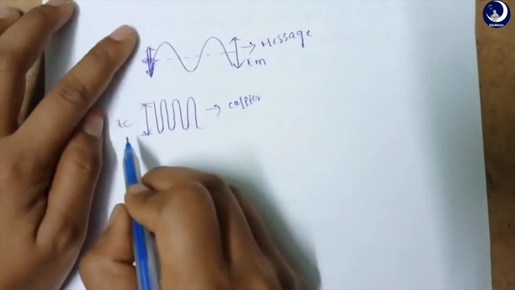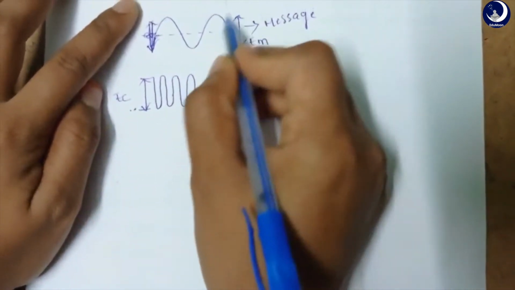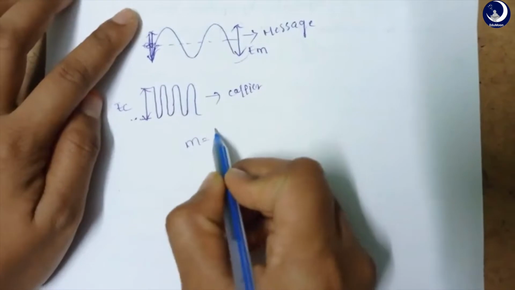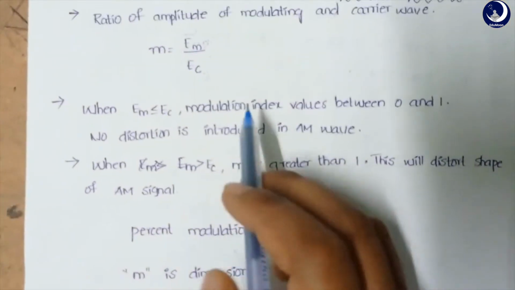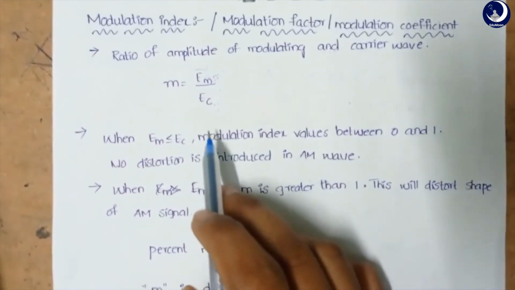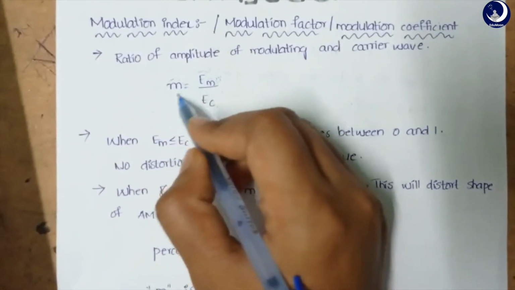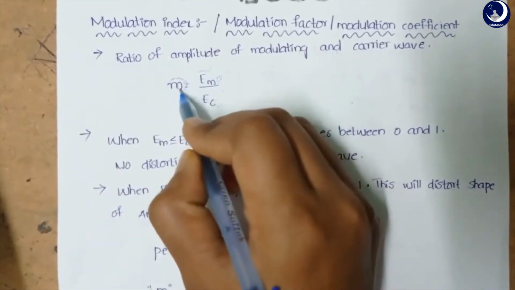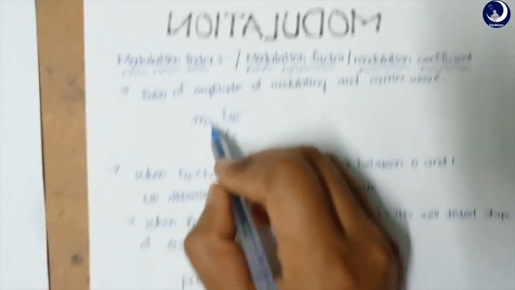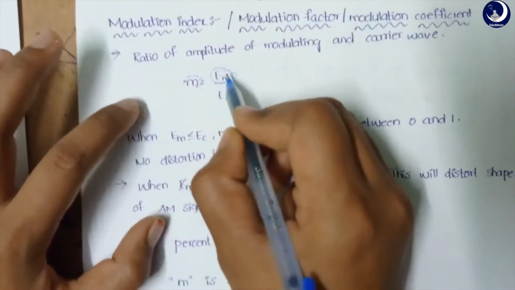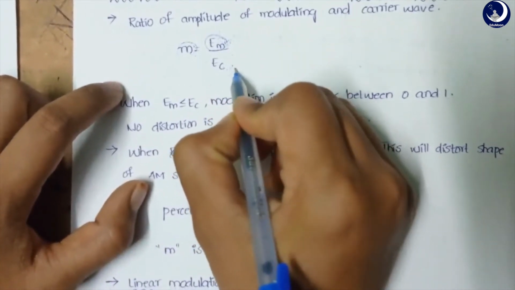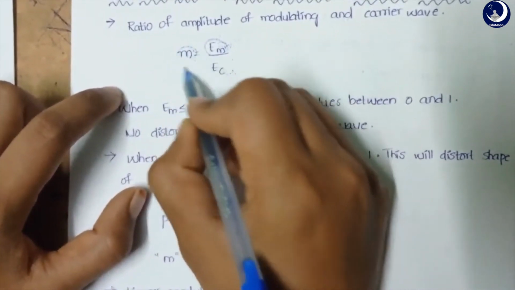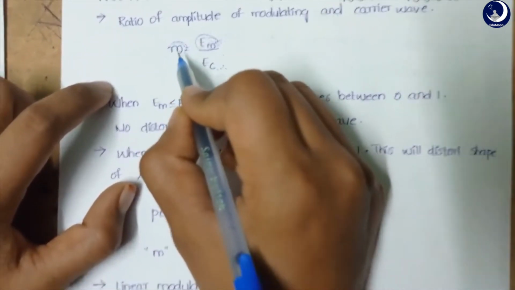So modulation index is nothing but the ratio of this to this, that is m equals Em by Ec. Generally, in order to get m between 0 to 1, we need Em less than or equal to Ec.